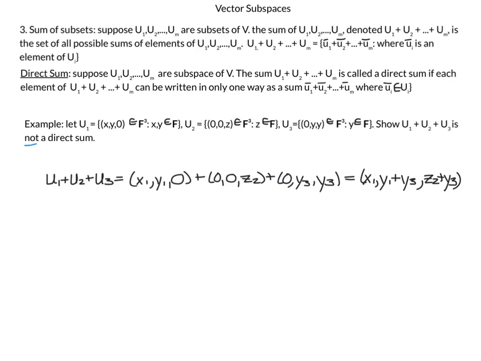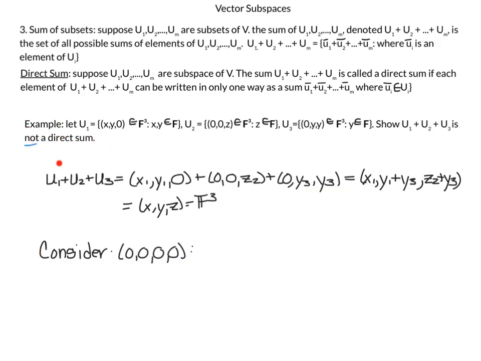So then I'm going to get x1, then y1 plus y3, and then z2 plus y3. So they're independent of each other. So I really can say they are 3 different elements, x, y, and z, which makes it equal to all of F^3. But the question still remains, is it a direct sum? And the answer is no, but we want to show why.